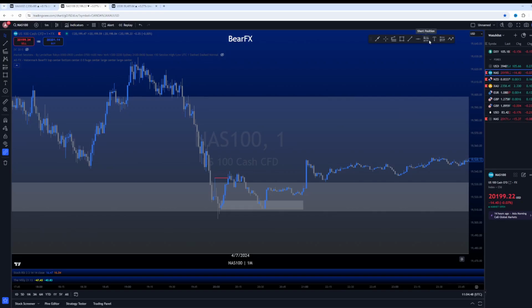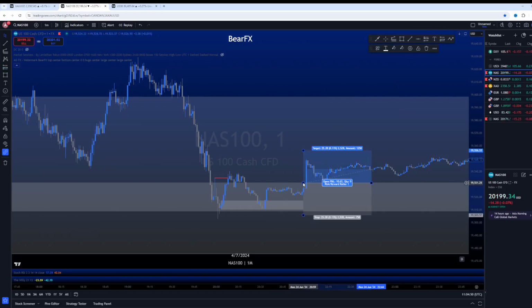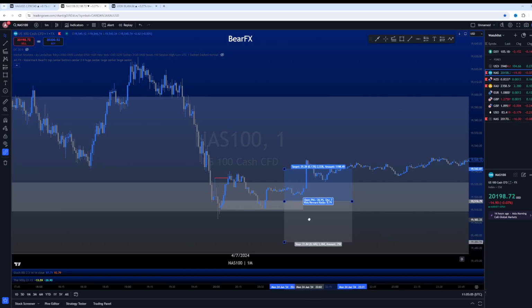So again, we said about the amount you're risking on the 15 minute compared to the 4 hour. You then don't have to have your stop loss all the way down here. You can have it just below the previous low where you got the change of character.